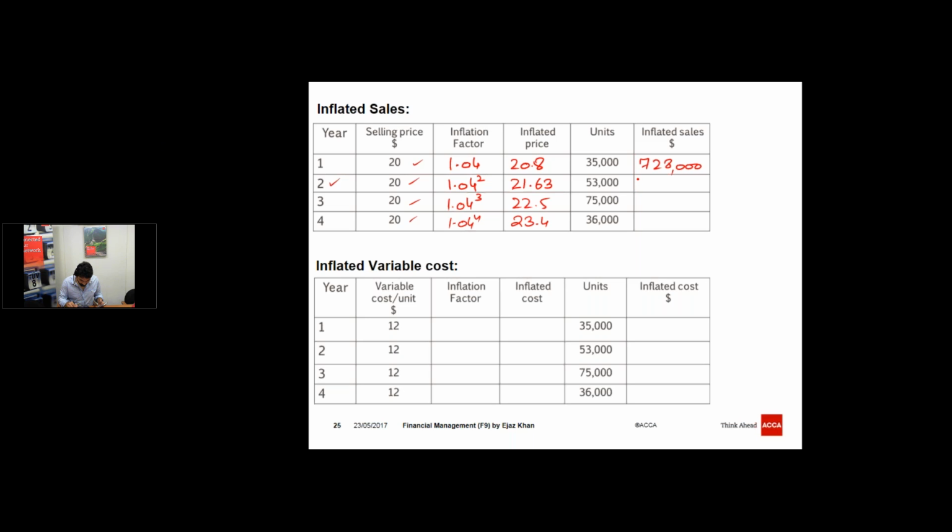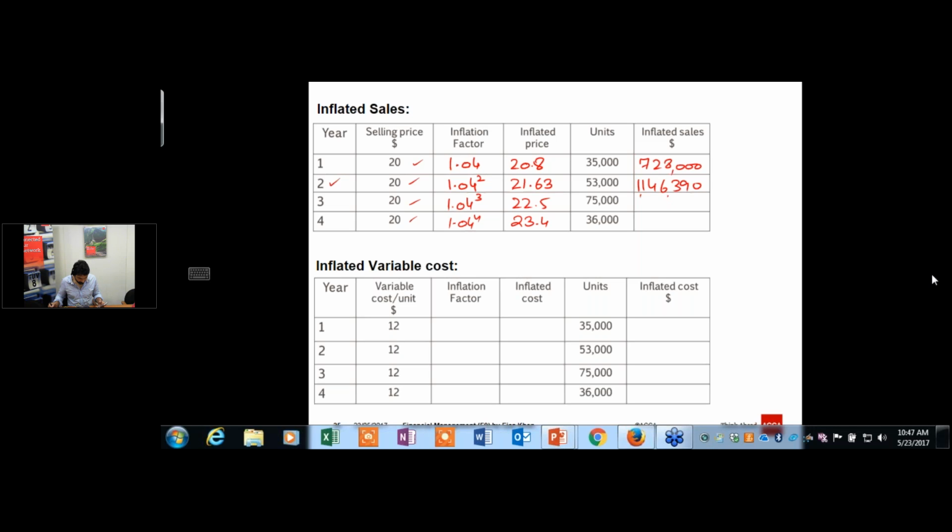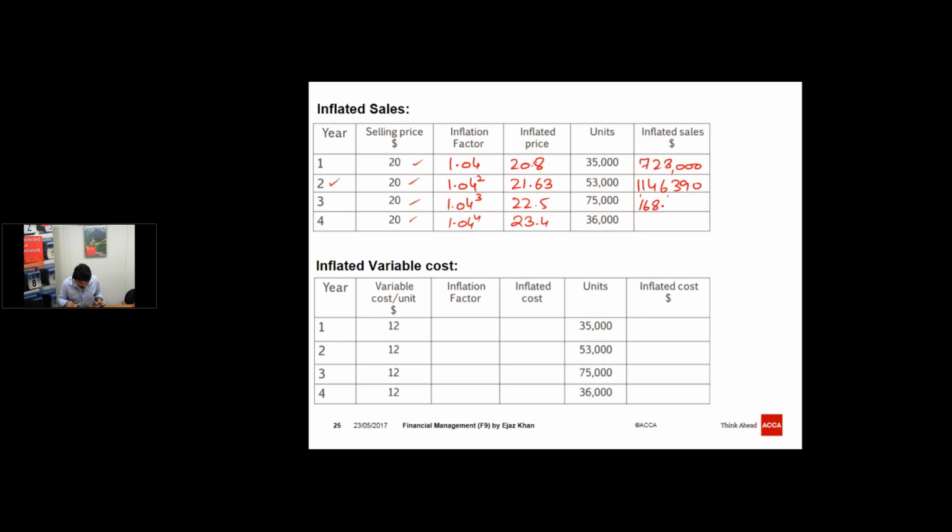It's 1,146,390. Okay, for year 3, it's 1,687,500. And for year 4, it's 842,420, right? So these are the inflated sales.